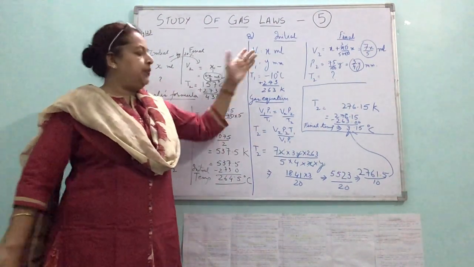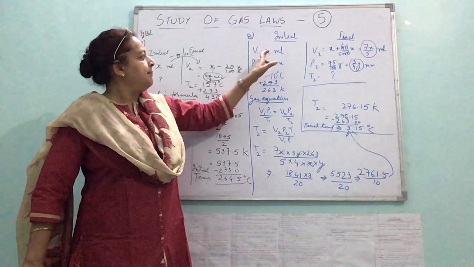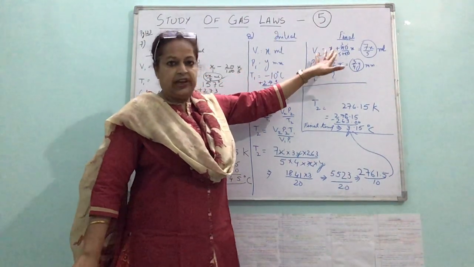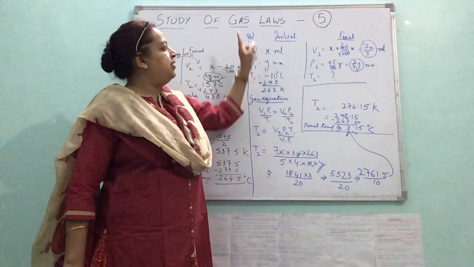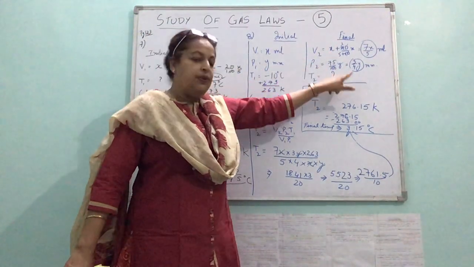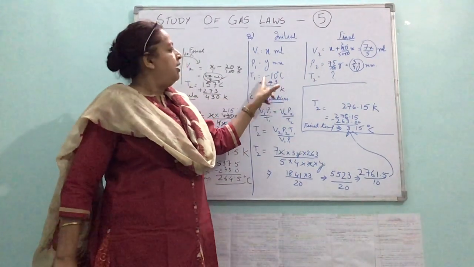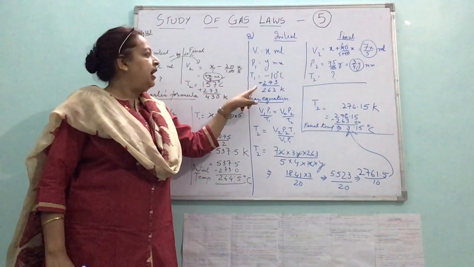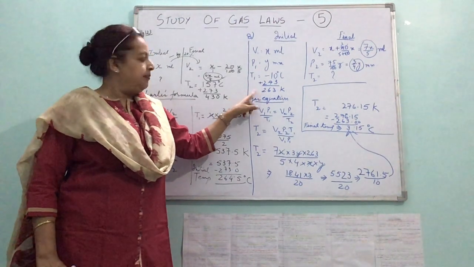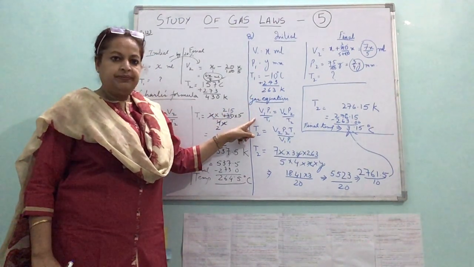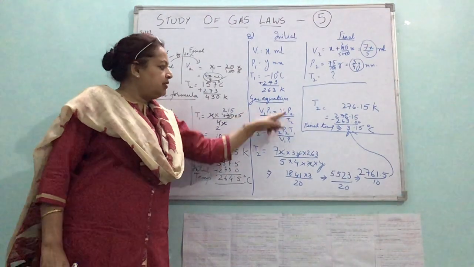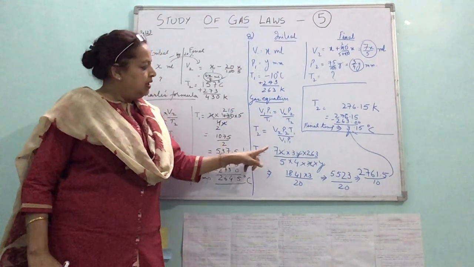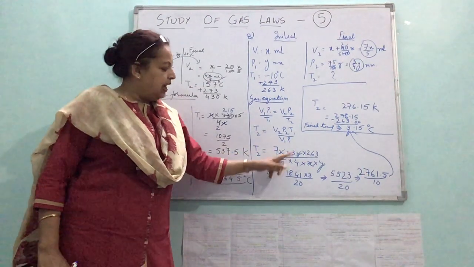Alright, I'll just quickly tell the numerical once again. Volume is increased by 40%, so we add 40%. Pressure is reduced to 75%, so only 75% remaining. Find the final temperature, if the initial temperature is minus 10, at 273 we convert to Kelvin. Then use the gas equation. I just cross multiplied, changed the subject to temperature 2, substituted the values and reduced it.